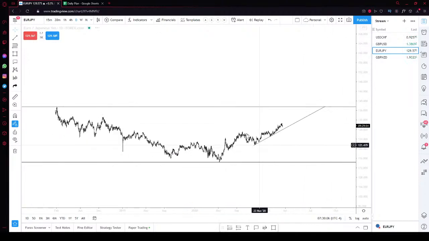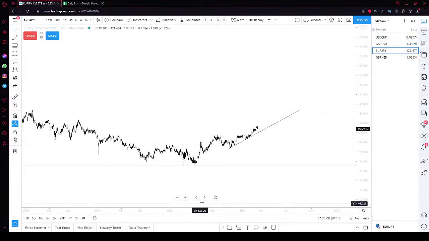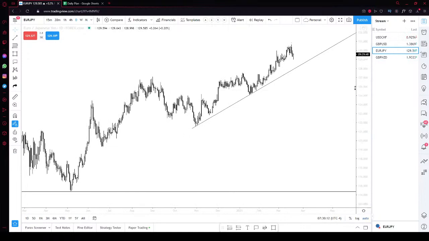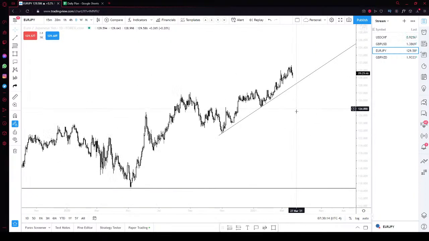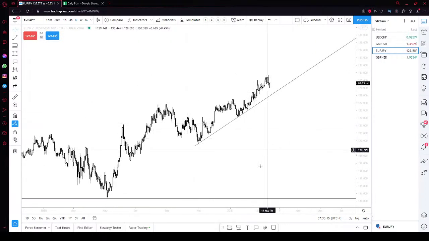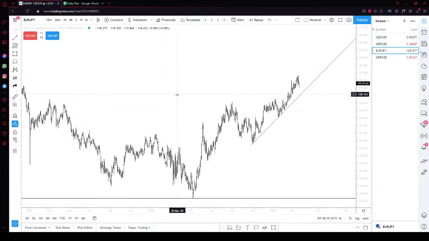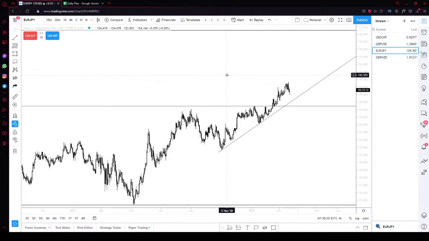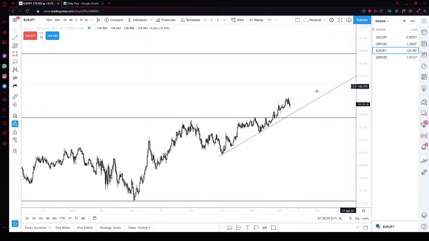So maybe like the times that you're trading, maybe you're trading London session and you shouldn't be trading London session. Maybe you should be trading New York session with the pairs that you're trading, or maybe you should be trading a different session.